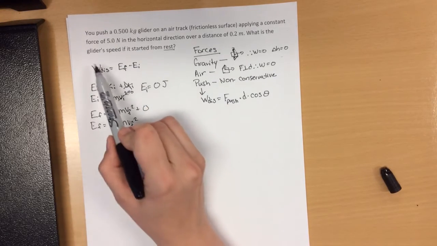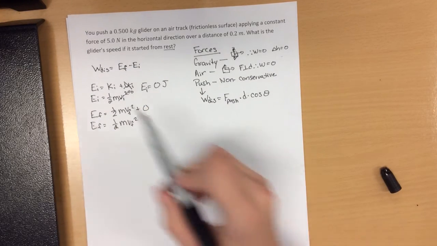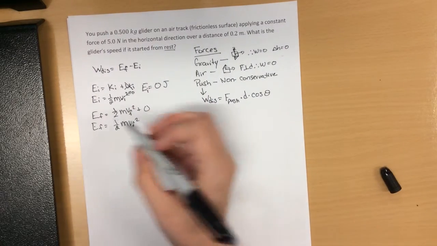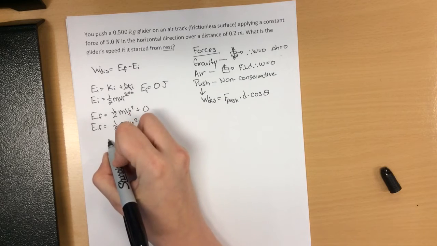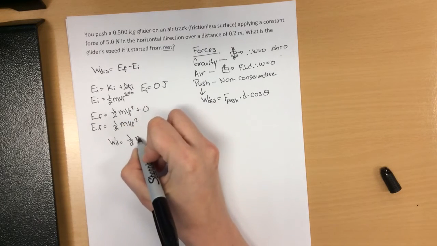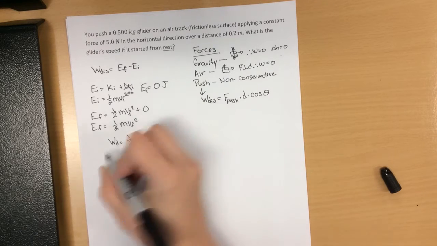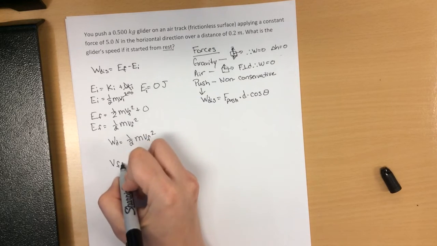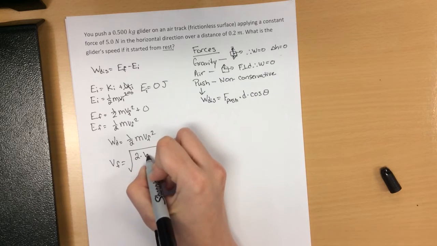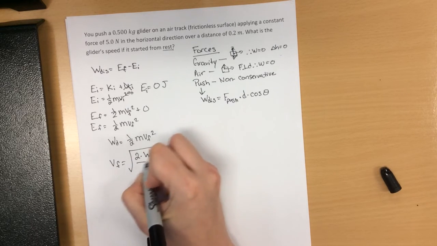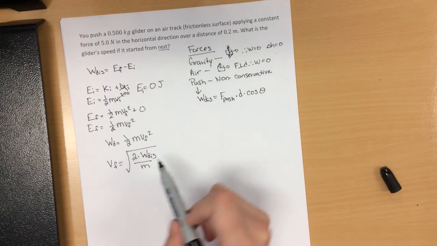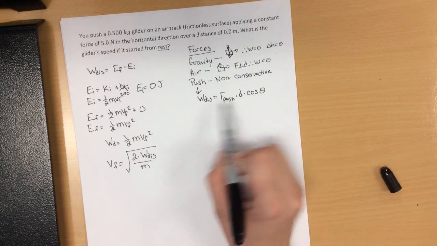So our work done by dissipative forces is equal to our final energy. When we rearrange this, we see that our final speed is going to be equal to the square root of 2 times the work done by our dissipative forces divided by m. All right, so we're going to go ahead and find our work done by dissipative forces. That's over here.